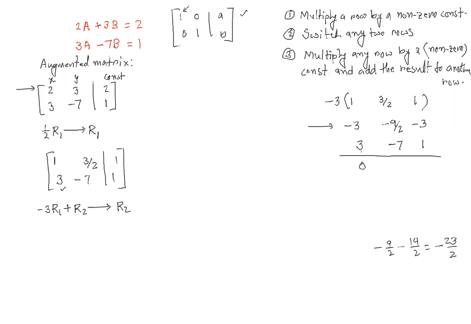This is going to be -23/2. -3 plus 1 is -2. So this becomes your new row 2, okay? So the first row, we don't touch it, 1, 3/2, 1. And the second row becomes 0, -23/2, and -2.